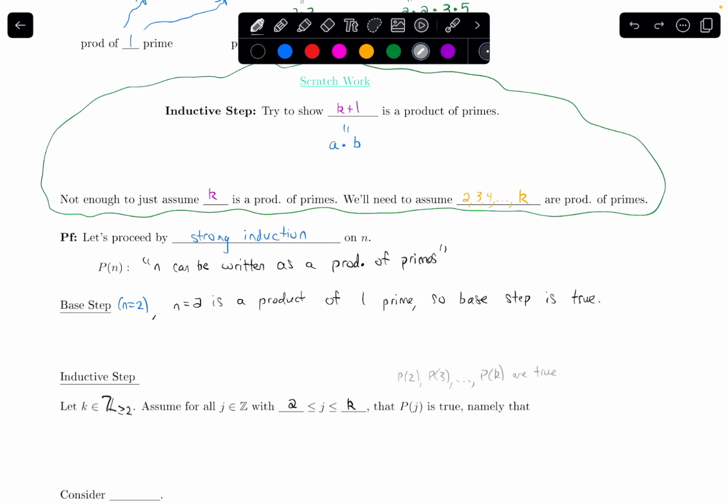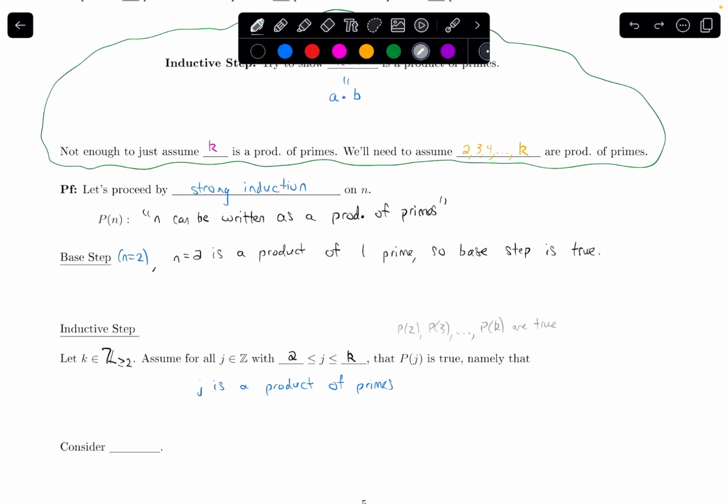Well, that means that j is a product of primes. So no matter which j we pick between 2 up to k, that integer can be written as a product of primes. That is what we are assuming for the sake of strong induction.